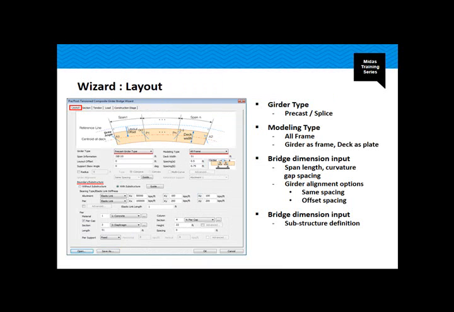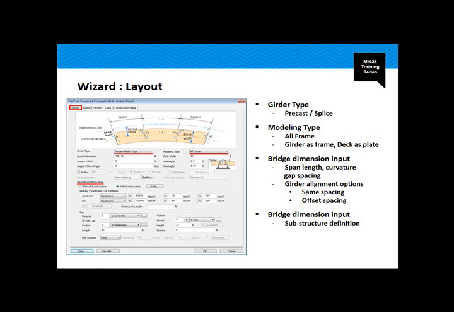For the layout tab, we have different functions in the program. We have a diagram that shows you the different parts of the definitions at the bottom here. In the program, you can perform precast or splice girders automatically using the wizard. The program also has many types of modeling features. You can use all frame, in which the program generates all the members using frame elements, in this case beams, or you can have the girder as frame and the deck as a plate.